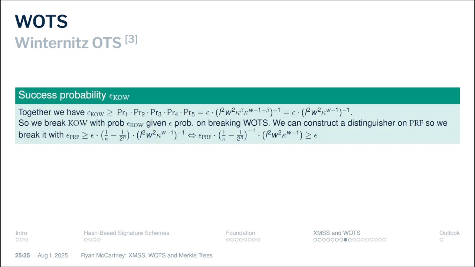And this is the second part of the reduction, which reduces the key one-wayness we've now constructed or broken, and constructs a new distinguisher on the pseudo-random function property.